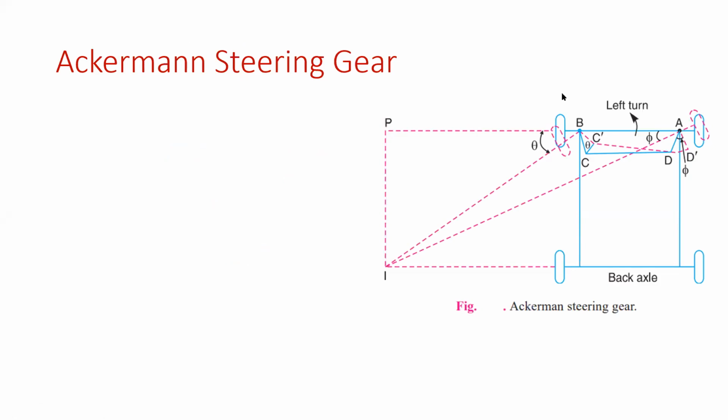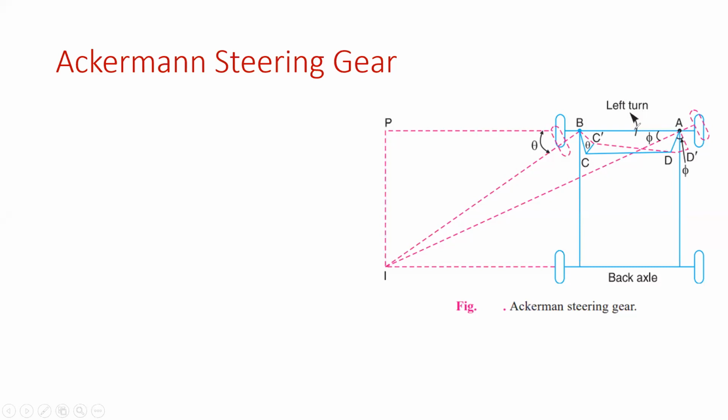Okay. So first you understand its construction, that what it is made of. You can see it is very simple 4-bar mechanism, just 4-bar mechanism. So you can see that this is one link AB.